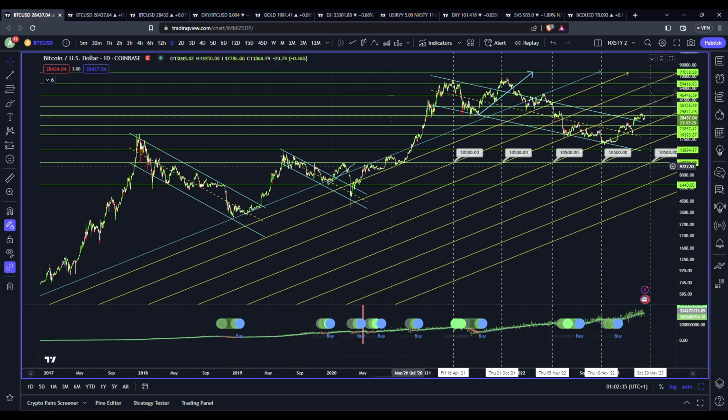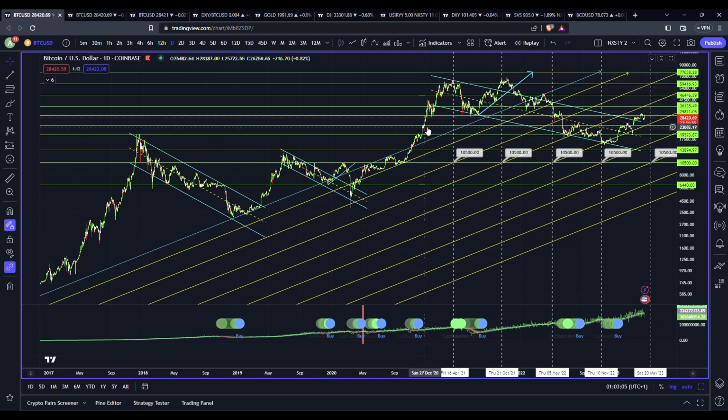It was confirmed when we actually broke the 13,000 level, the 13,894.97 level, and from there we started finding the next Fibonacci levels, which were the 19,393.87.